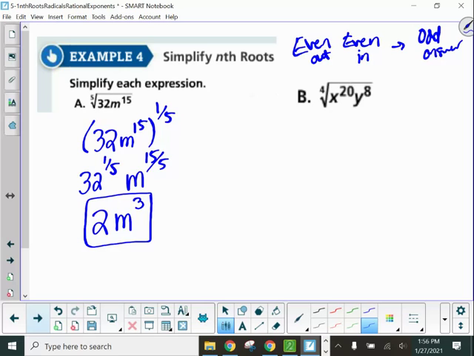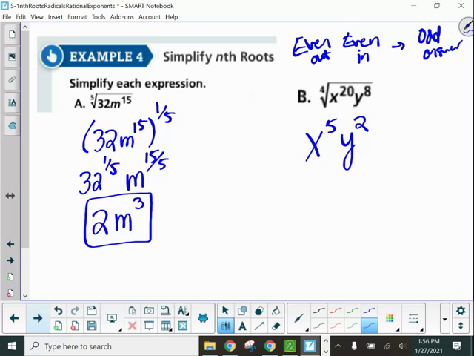So I'm going to divide the 4 into the 20, and I get x to the 5th power. I'm going to divide the 4 into the 8, and I get y to the 2nd power. Now, if x would happen to equal a negative number, x to the 20th power would give me an even, but if I look at x to the 5th power, that would be a negative.